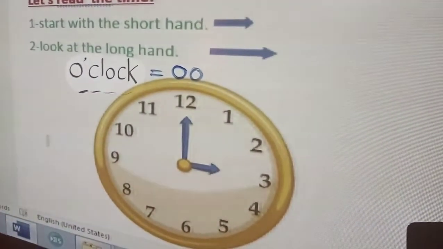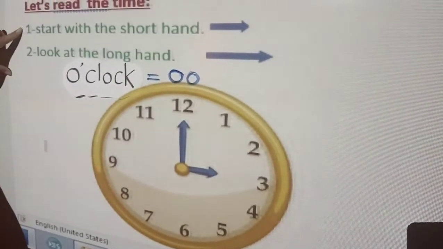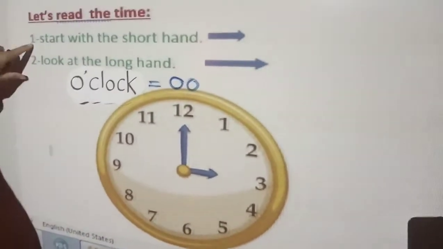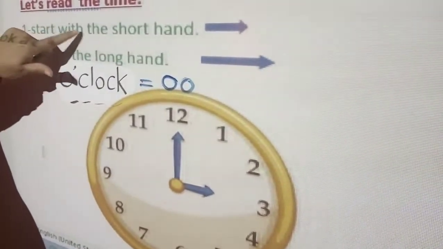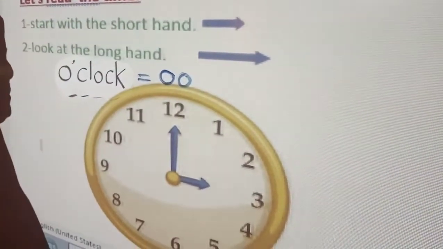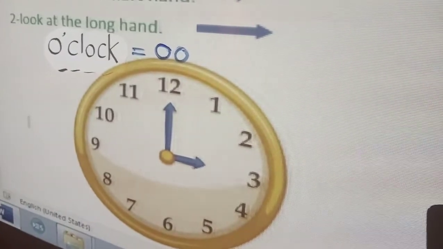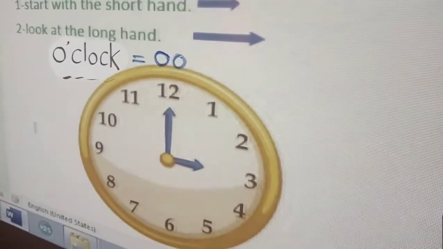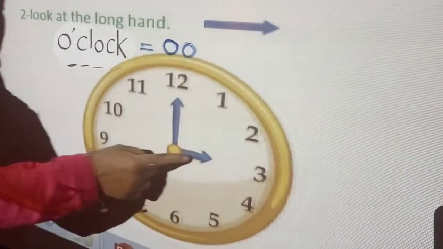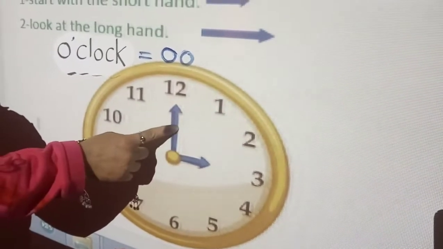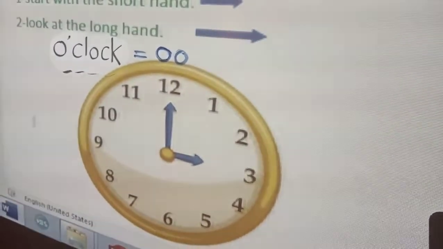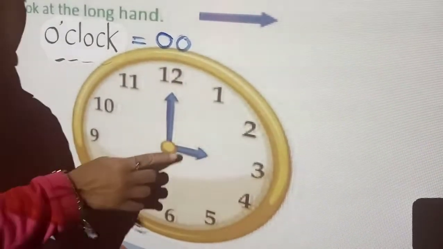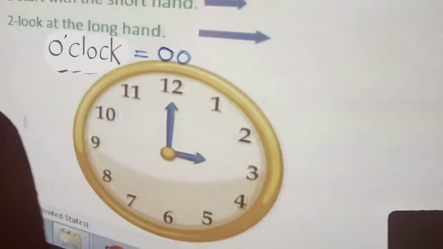So let's see the steps again. We do it together. Number 1, start with the short hand. Can you see the short hand here? This one? No, this one? Yes. The short hand points to 3.